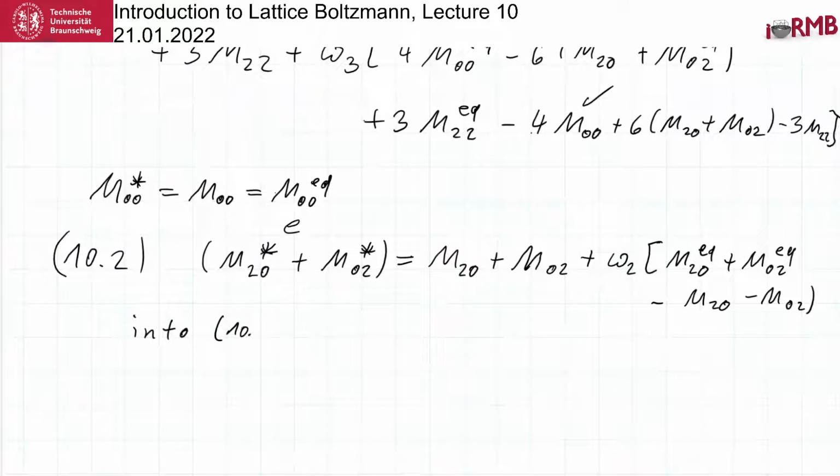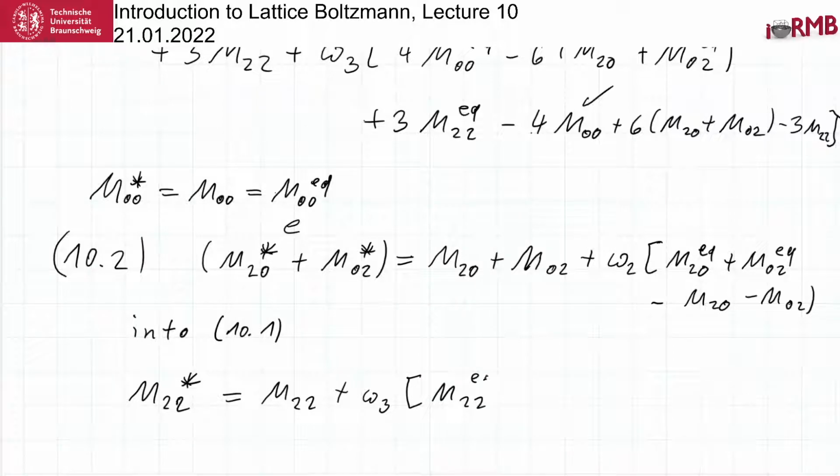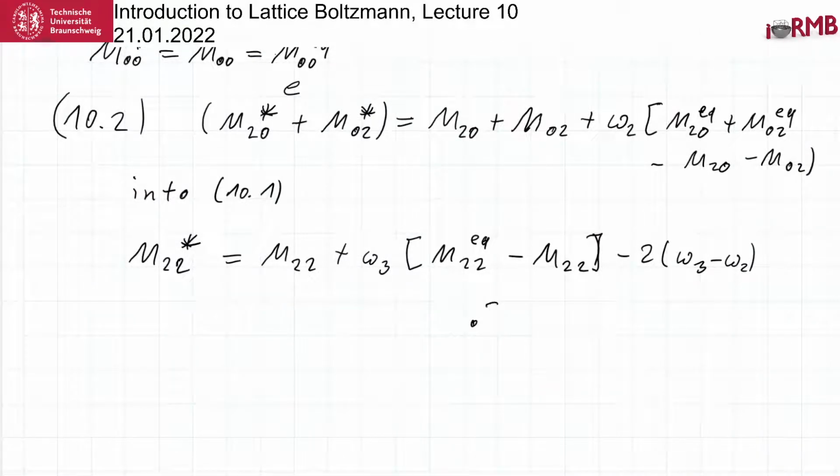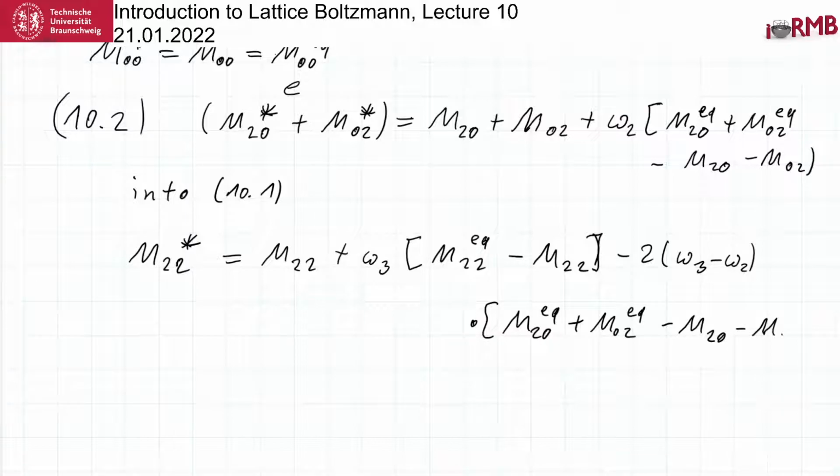And we put this into 10.1, and if we do this, which I now skip over a little bit, then we get that m22 after collision is m22 plus omega 3 times m22 equilibrium minus m22 pre-collision, minus 2 times omega 3 minus omega 2 times, I have to go to the next line, m22 equilibrium plus m02 equilibrium minus m20 minus m02.